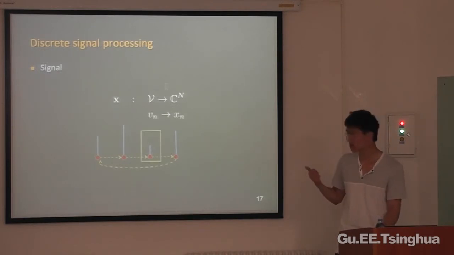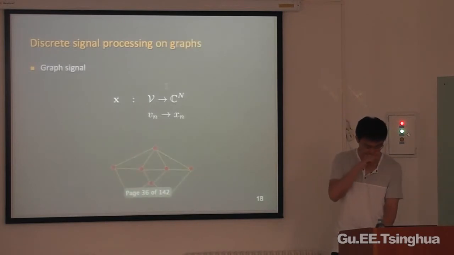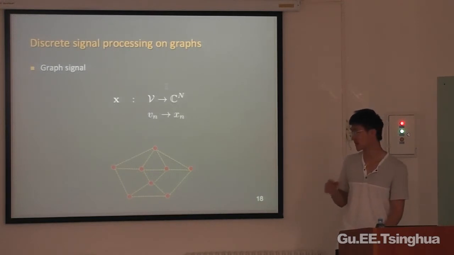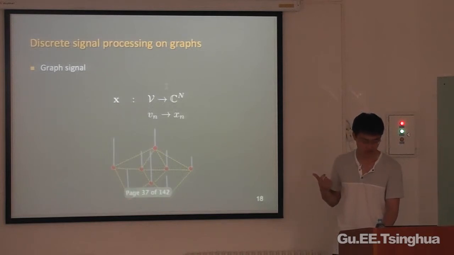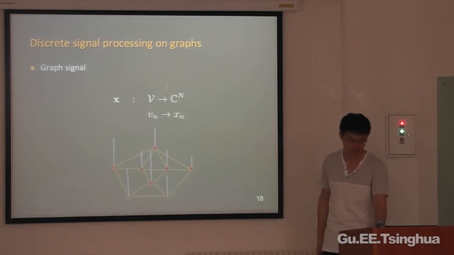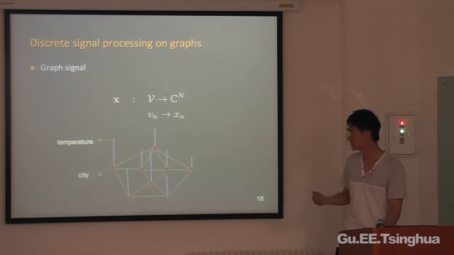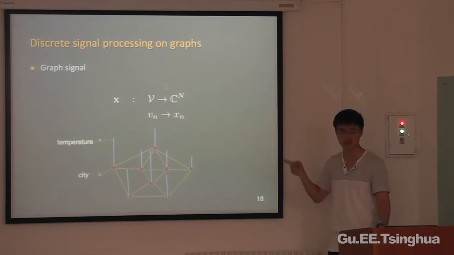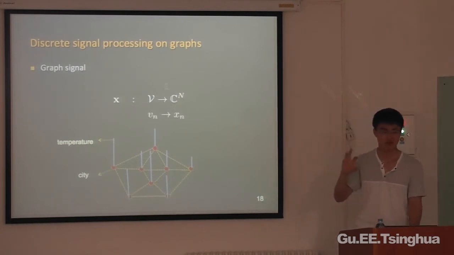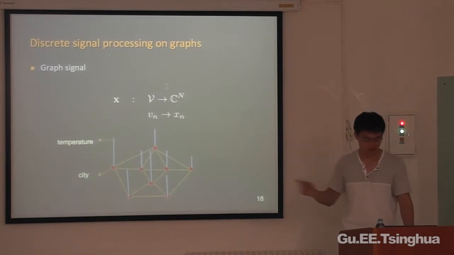In other words, for each vertex there is a value associated with it. And a graph signal is still a map from vertices to complex values, but there is a more complex, irregular structure behind it. You can think of each node as a city, and the value associated with it is the temperature. And cities are connected to each other by geodesic distance.